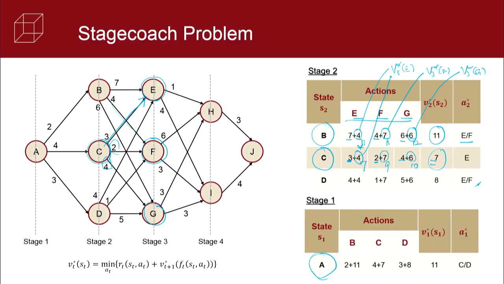In the current state A, there are 3 actions available: B, C, and D. If you choose B, then 2 is the immediate cost, and we already calculated the length of the shortest path from B to J, which you refer to as V2 star B, which is equal to 11.